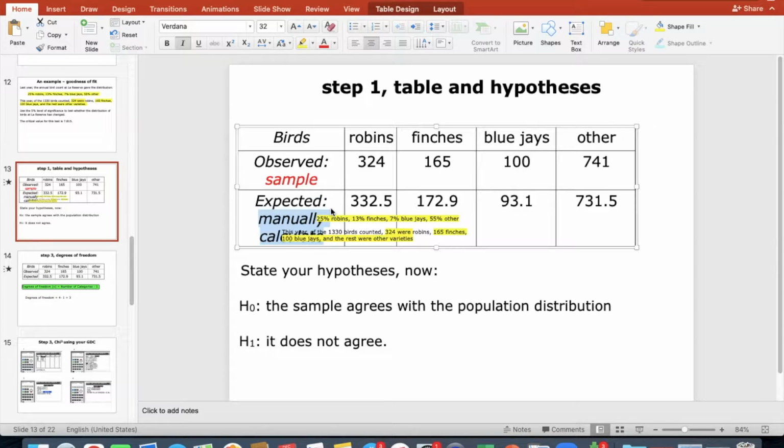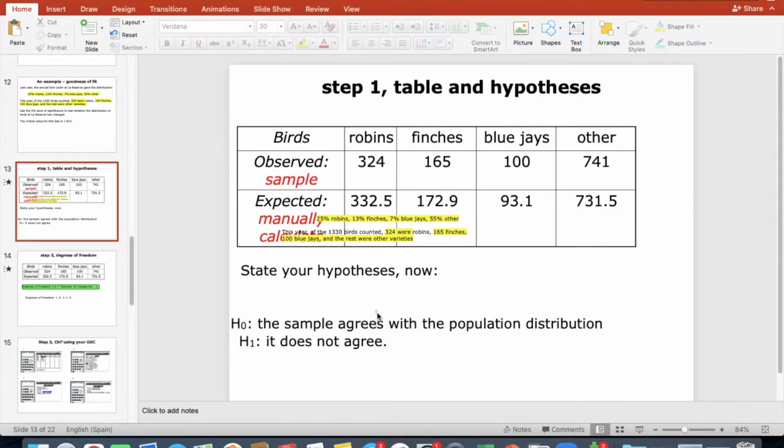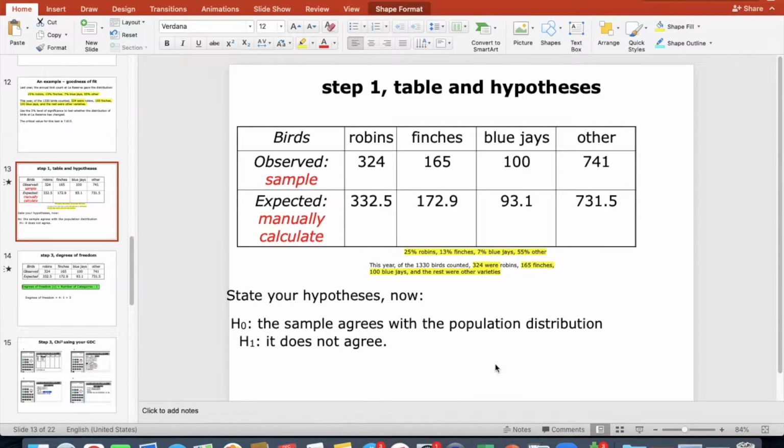Now, here comes another difference to the chi-square model. The reason why is because in the chi-square model, we use matrices, and in this model, we're going to have to manually calculate something. So we have to be able to get from 324 to 332.5.